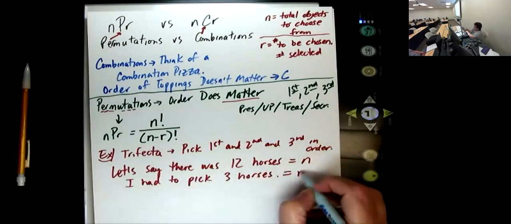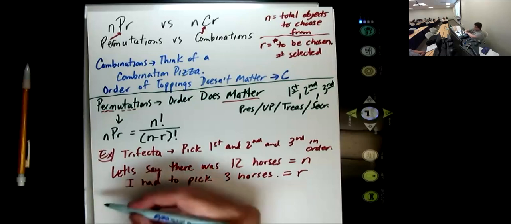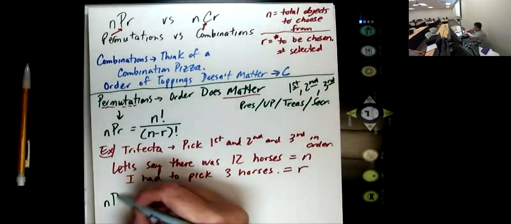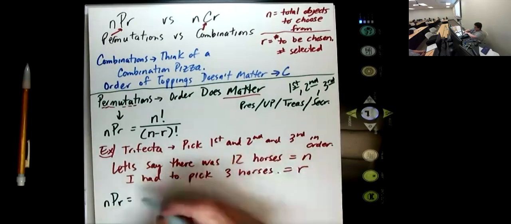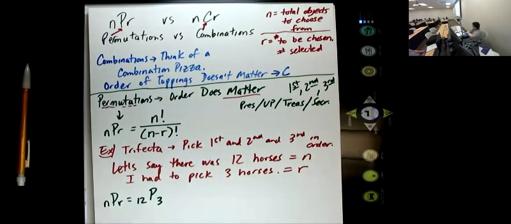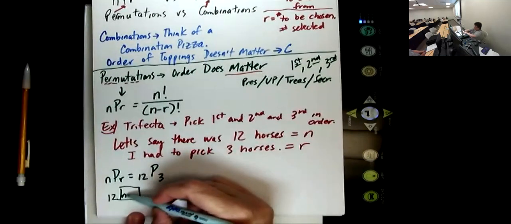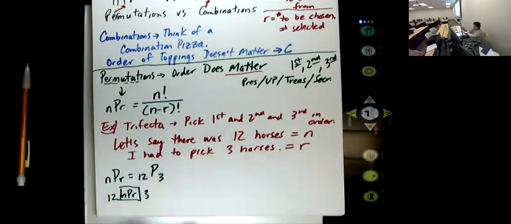That's my R, the number to be chosen. So my NPR in this case is 12P3. In fact, that is what I would type into a calculator. I would hit 12, I would do the NPR button, and then I would do 3.